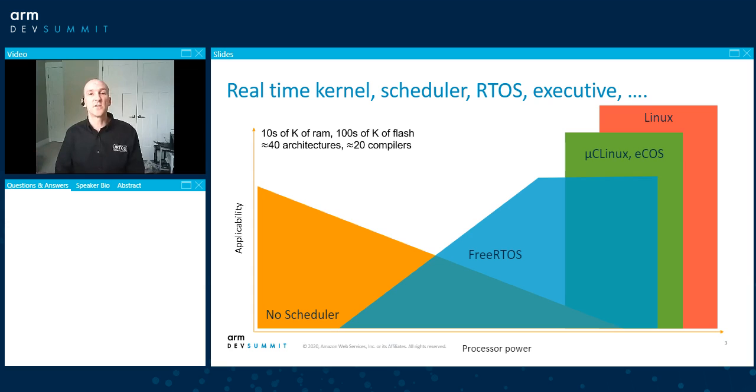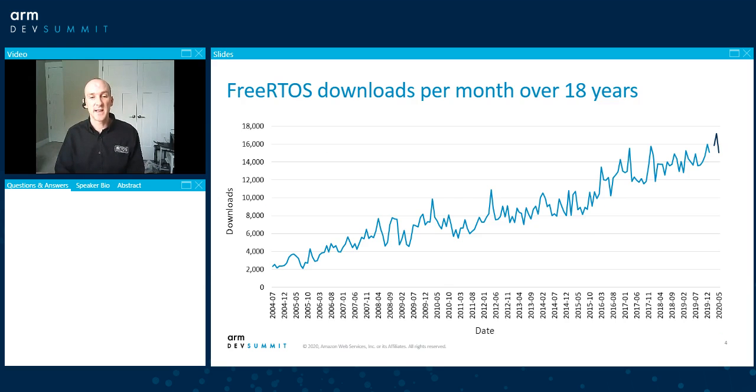If we go right to the edge of the x-axis, then we are into the low-end Cortex A. If we go way, way off the scale, that's where you'll find the 64-bit architectures. There are fewer use cases for FreeRTOS on those larger architectures, so I don't bother putting it in that scale. Also worth noting that FreeRTOS supports the memory protection unit, but it doesn't support virtual memory. So it's like a flat address space.